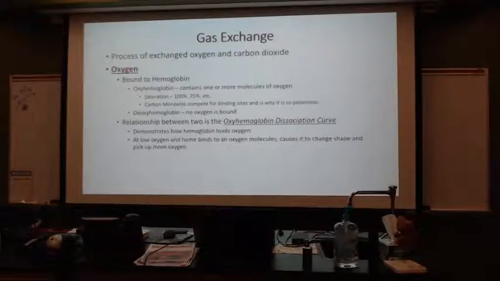If it loaded, it will unload. So these are the terms they use. Does that make sense? Okay, so this dissociation curve is representative of the picking up of oxygen and then the unloading of it at tissues.